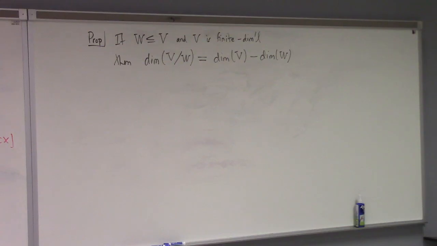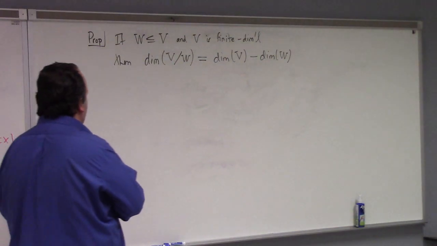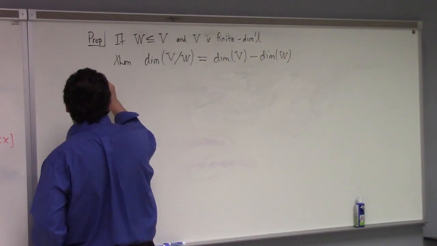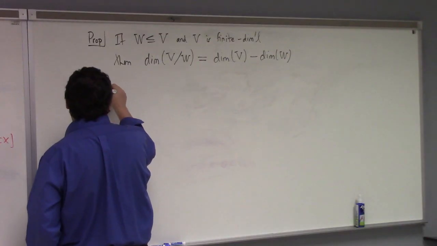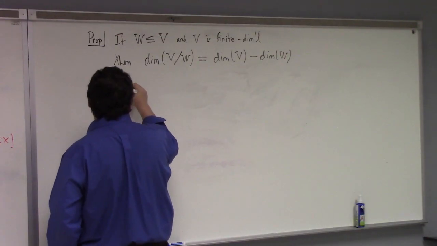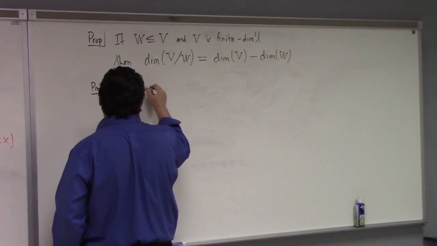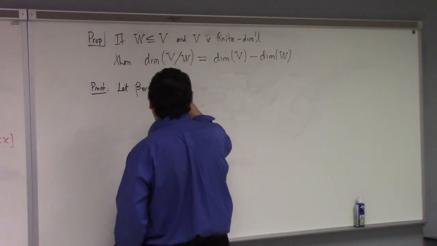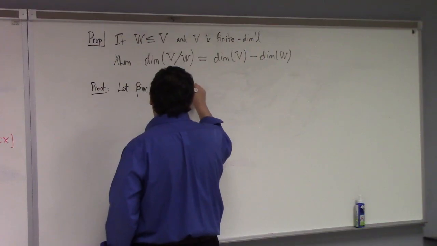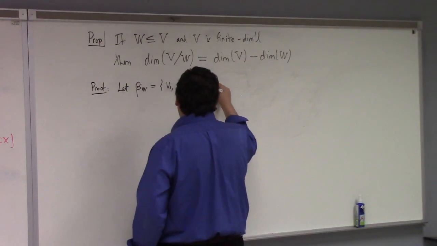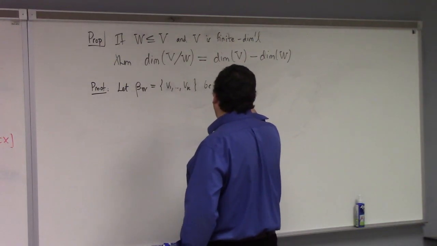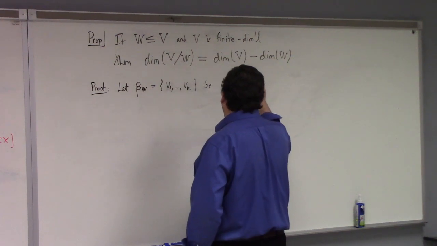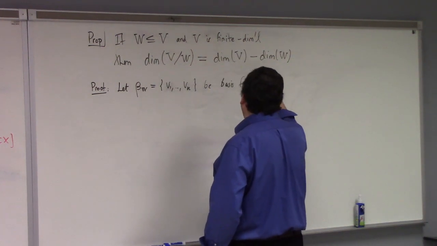So how does this work? Like, what's the proof of this proposition? Let's sort through it, yeah? Let's let beta sub W, well, let's say v1 through vk be a basis for W, all right?